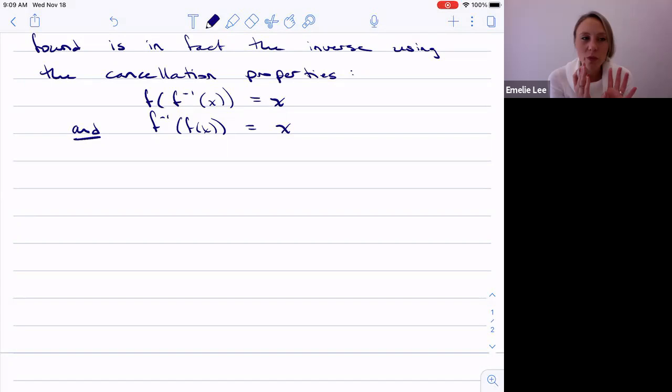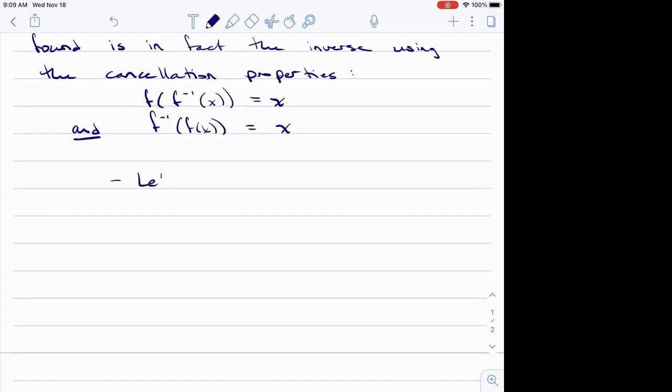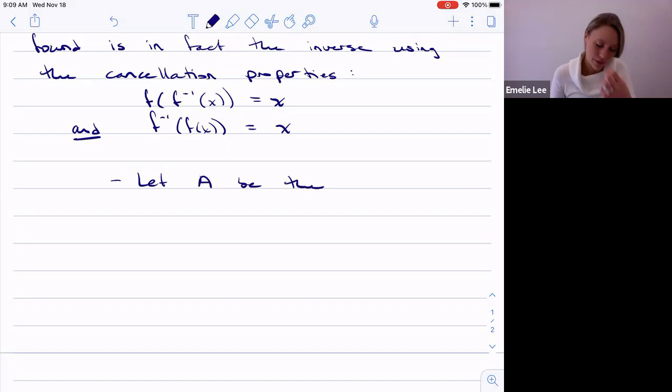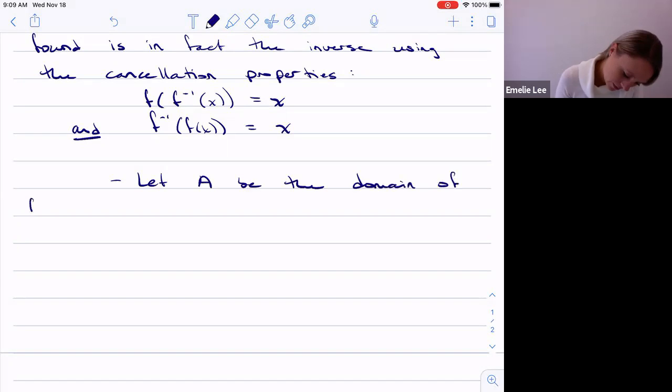So the domain of f of x and the range of f of x. If we let A be the domain, so just kind of naming it, the domain of f of x, and let B be the range of f of x.